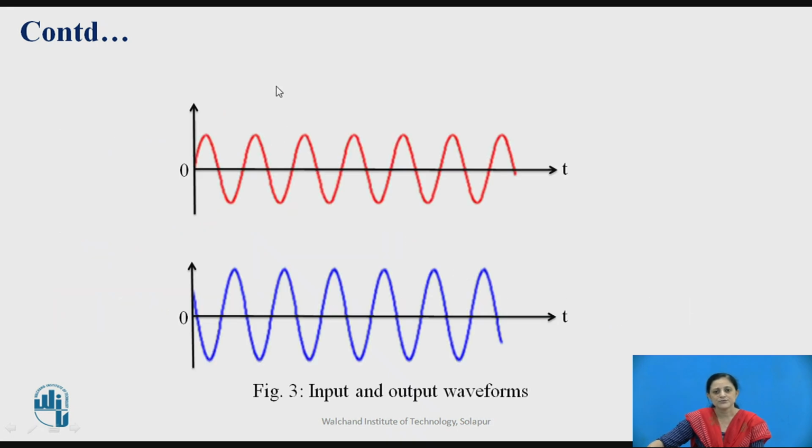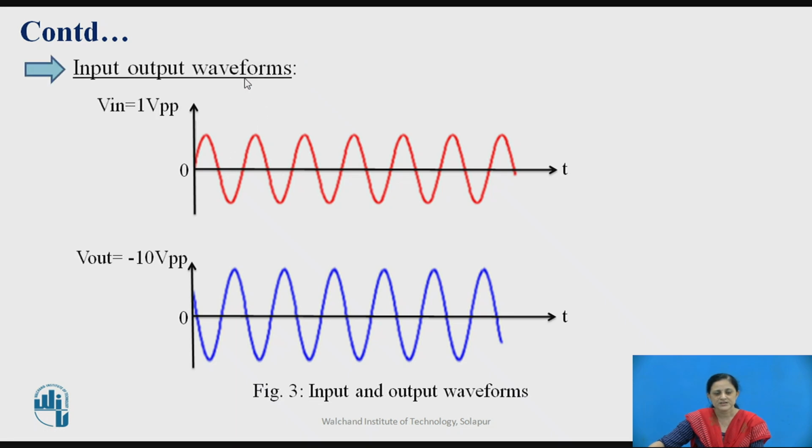Now you have to draw the input and output waveforms for this. If you refer to this figure, input and output waveforms, V in is a 1 volt peak to peak sine wave applied with 1 kilohertz frequency. Obviously, the amplifier gives you the output in amplified form, but V out is equal to minus 10 volt peak to peak. That means the output is the inverse of the input signal.